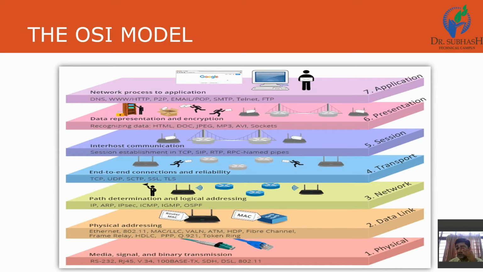We also discussed basic layers from the 7 defined layers. The 7 layers are physical layer, data link layer, network layer, transport layer, session layer, presentation layer, and last one, that is application layer.